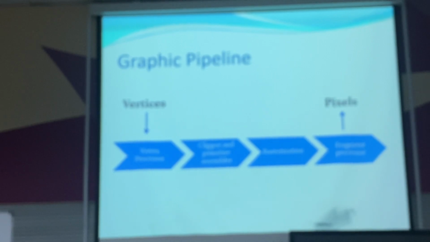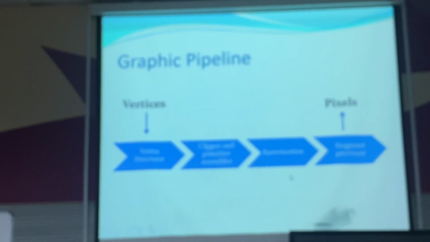Now we look at the graphic pipeline. These are the processes that happen in your graphic card. From the real world, what we can see is all the vertices, all the points.